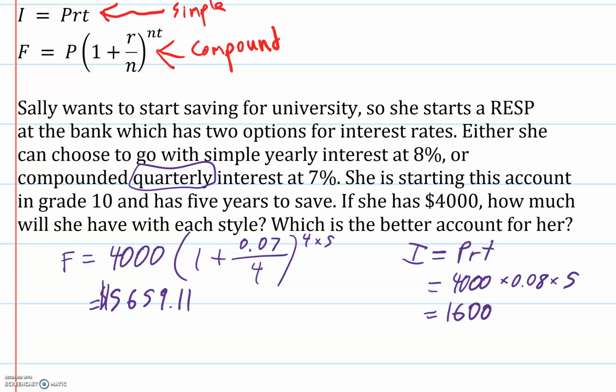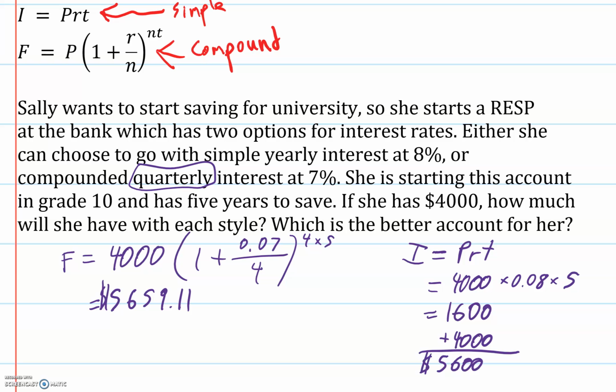Obviously that's worse. But hold on, this is just the interest, so make sure we add the $4,000 back. Now we have 5,600.